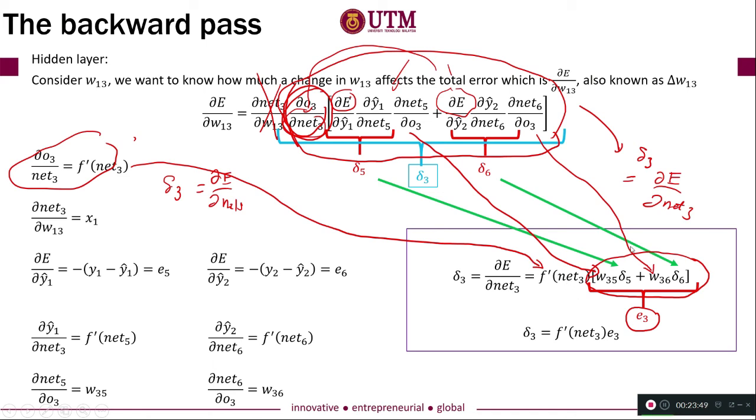So from here I define another thing, which is what we call the local error happening at node 3, which is E3. If I define E3 equal to this component, now my delta 3 is equal to F apostrophe net 3 multiplied with our E3 over here.